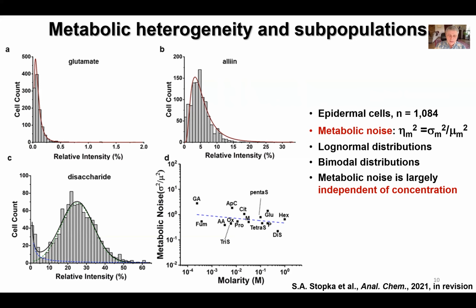If you assume that this metabolic noise has something to do with the actual concentration of a particular metabolite in the cells, you can actually test that hypothesis, and that's what we did here. So you see the molarity of various metabolites in the cell and the metabolic noise on the log scale. And you can see that really there is very little, if any, dependence on the concentration of metabolites.